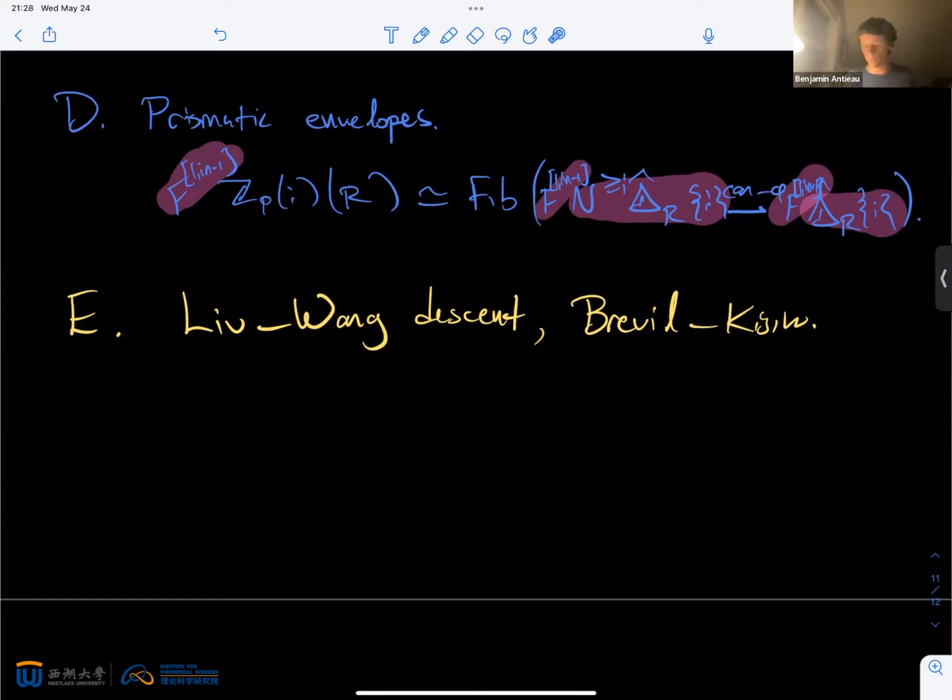They turn out to give equivalent approaches, but the Liu-Wang one seems to work a little bit better algorithmically for us. So what is it? I'm going to say this without saying something really topological.